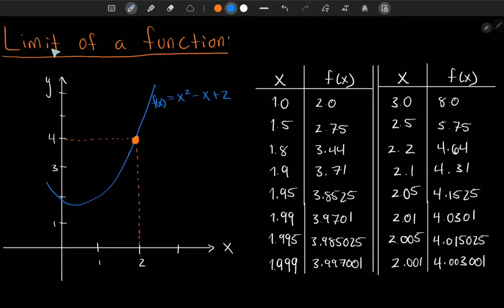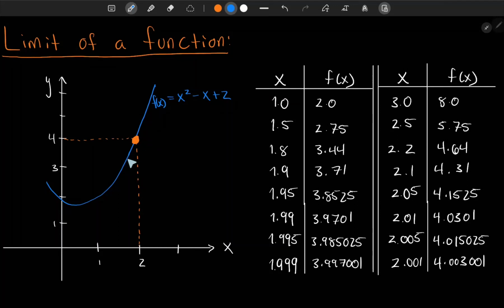Now, let's consider limits from the viewpoint of functions. Let's consider the function f of x is equal to x squared minus x plus 2, as given by this blue curve in the xy plane. Then, we wish to find the limit of this function f as we go from the left and the right at the point x is equal to 2. So what we see on these tables to the right here is approaching x is equal to 2 from the left and from the right.